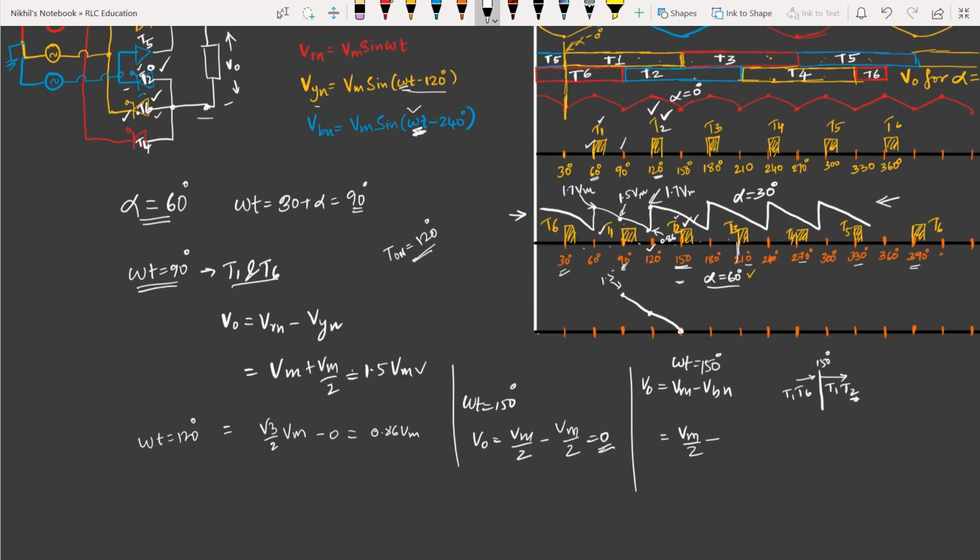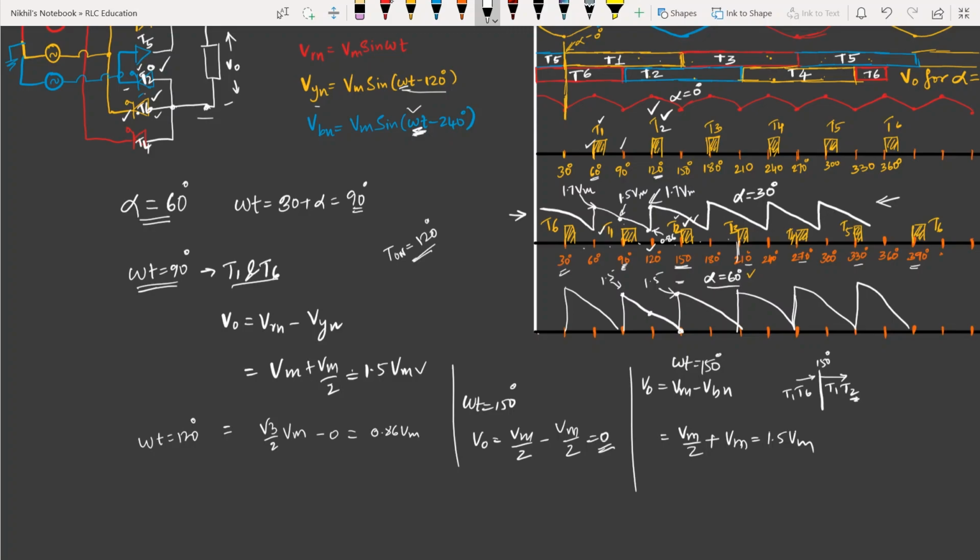So 150 minus 240 will be minus 90 degrees. So Vm sin minus 90 degrees will be minus Vm. So this will come out to be Vm by 2 plus Vm, that is equal to 1.5 times Vm. That means suddenly the voltage has shifted to 1.5 times, on the top like this. So in this fashion, if you observe the output voltage waveform, it looks like this. So this is how the output voltage waveform is.